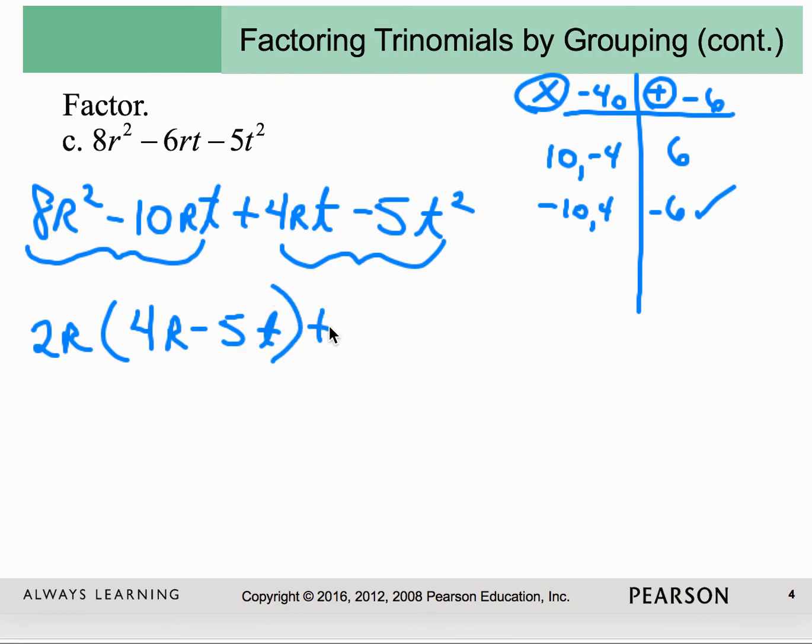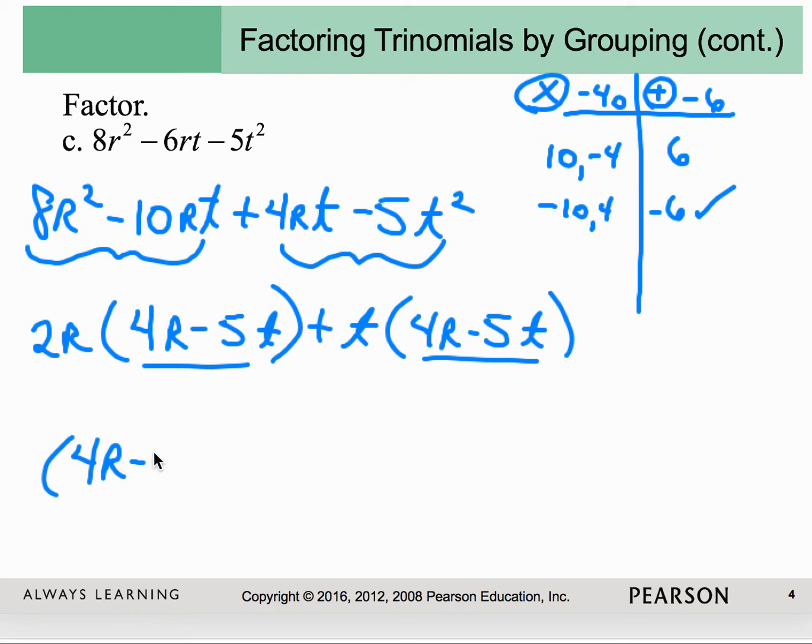Plus sign, so no worries. Only a 1, but they both have a t, so I can take that t out. So what's left is 4R minus 5t. Now, this is the common factor, so it can come out. And what's left is 2R plus t.